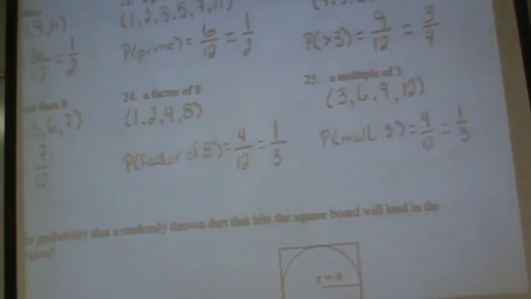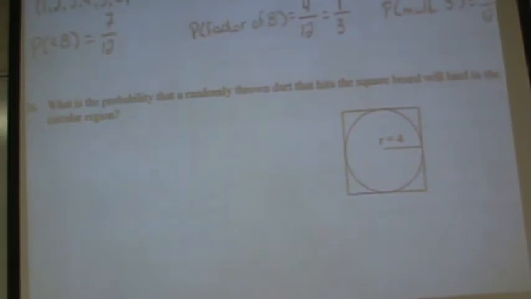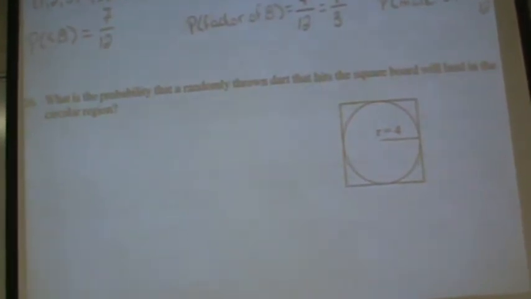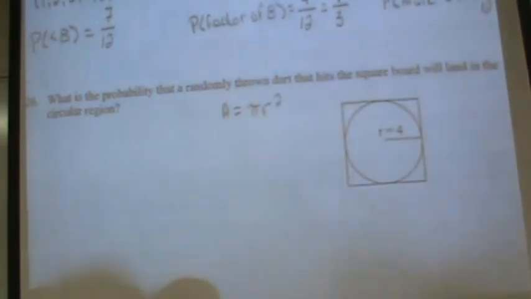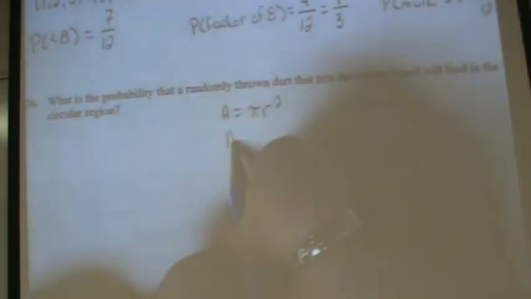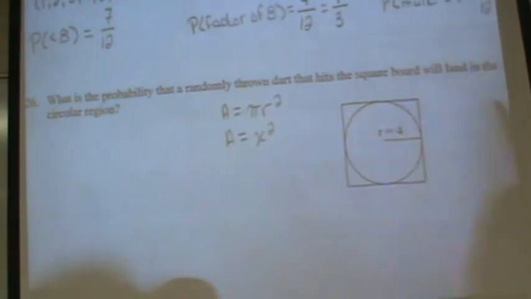And number 26, our final problem. What is the probability that a randomly thrown dart that hits the square board will land in the circular region? So again, your area for a circle is pi r squared, and your area for the square is x squared.